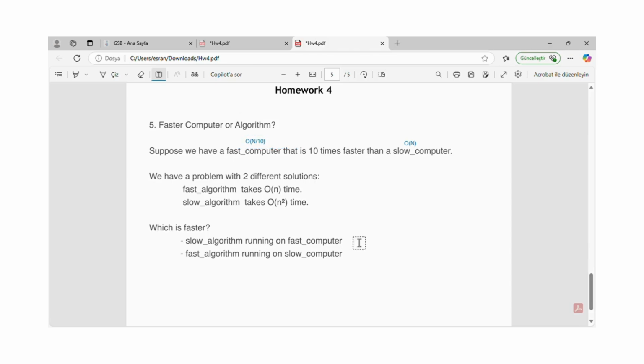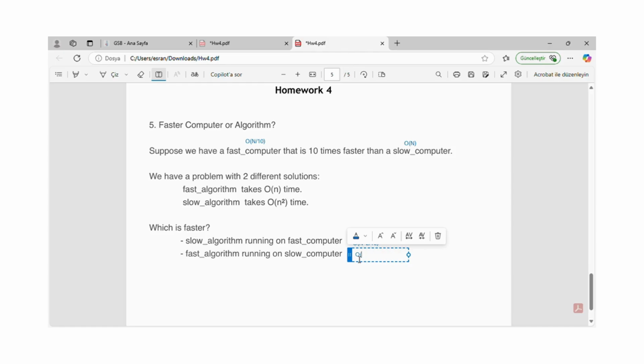So the slow algorithm running on the fast computer is O(n squared) over 10. And the fast algorithm running on the slow computer is just O(n).